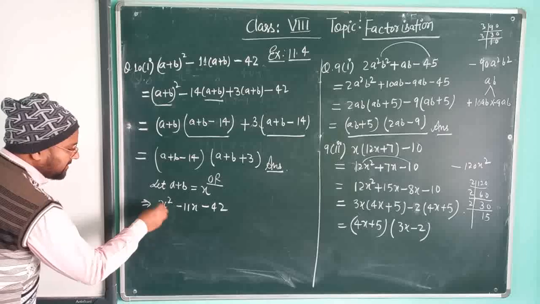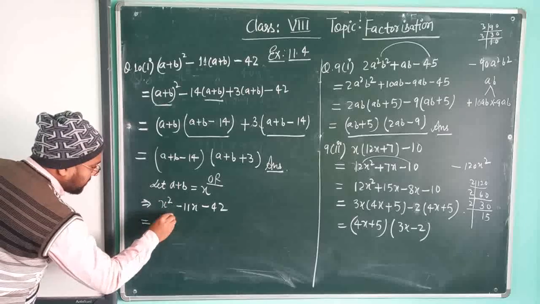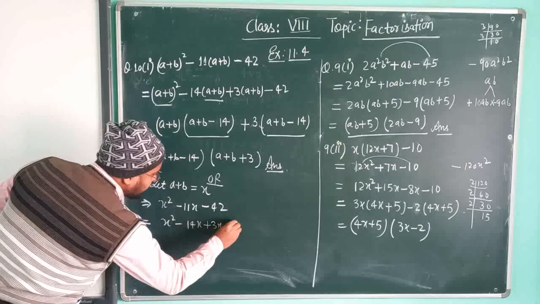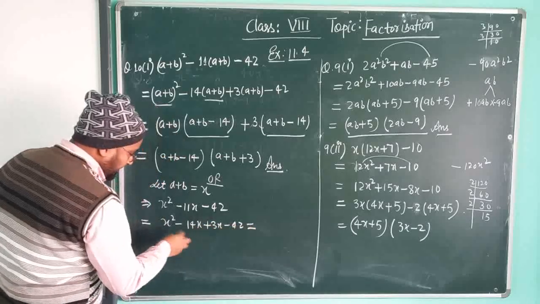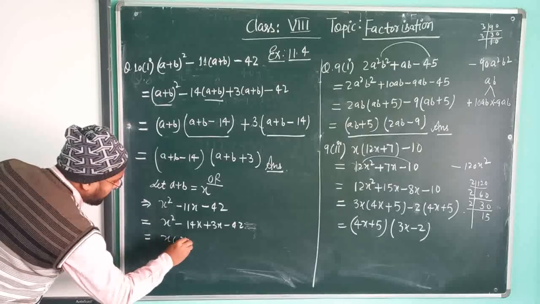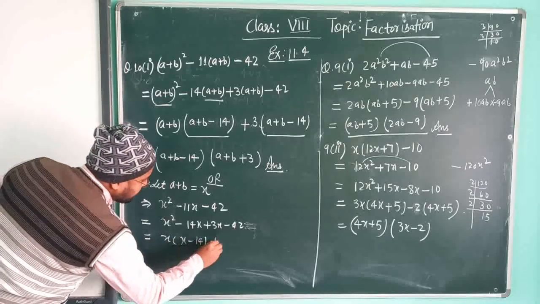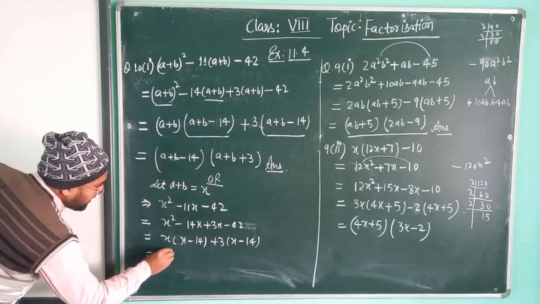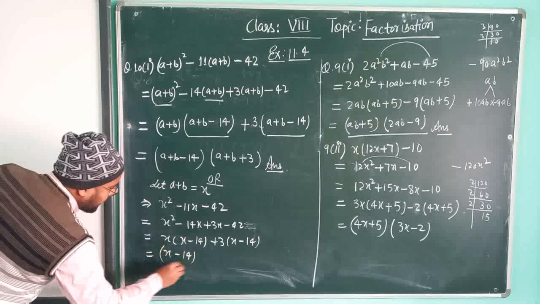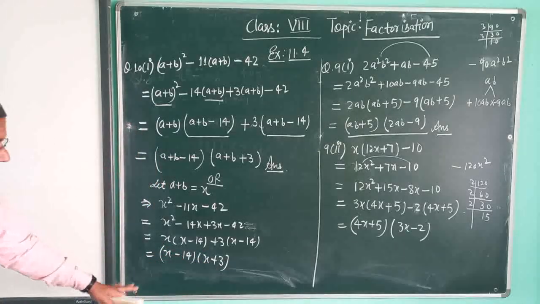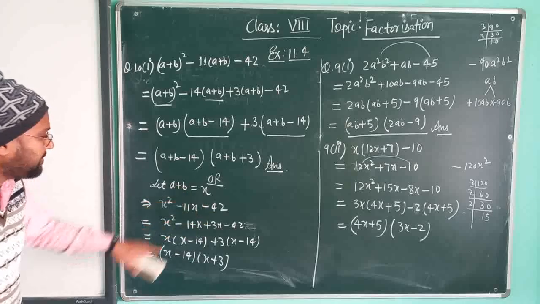Similarly, you can write x square minus 14x plus 3x and minus 42. Now I can take x as a common, so x minus 14 and plus 3. X minus 14 is a common in all, and x plus 3. That is our factorization.